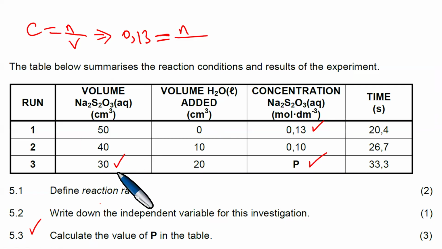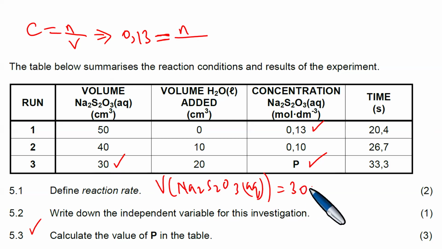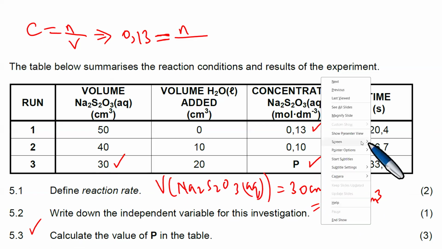Whenever we have P, the volume is going to be sitting at exactly this point. So the volume of the Na2S2O3 aqueous is 30 divided by 1,000, which is 0.03 cubic decimeters.